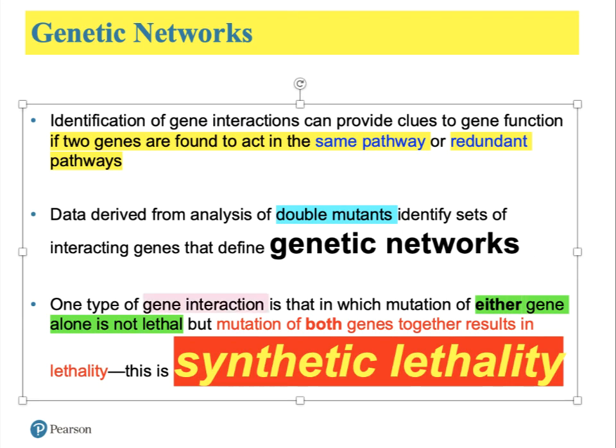One finding from these studies is that of synthetic lethality. In these cases, if one of the two genes is mutated, then that's not lethal to the cell or organism, nor is the other gene mutated by itself. But if both genes are mutated together, that results in death, and that is what synthetic lethality is.